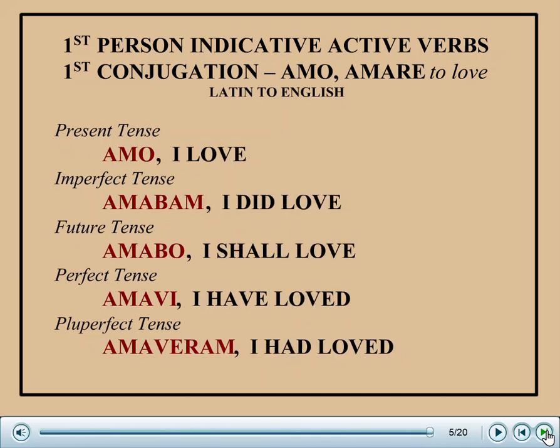First person indicative active forms for the first conjugation verb amo, amare. In the present tense, I love, amo. Imperfect tense, I did love, amabam.